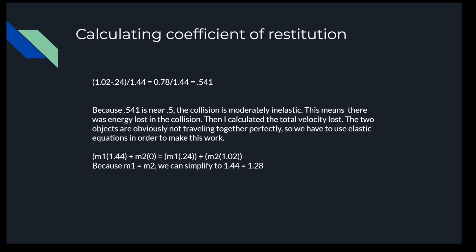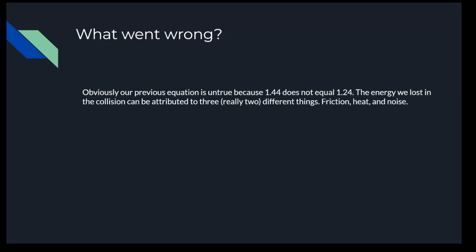And so because the mass of cart A and cart B are the same, you can cancel them out and you end up with the equation 1.44 meters per second equals 1.28 meters per second. So obviously it's untrue because those are not the same. And the energy we lost in the collision can be attributed to three or really two different things: friction and heat, which are essentially the same thing, and noise.